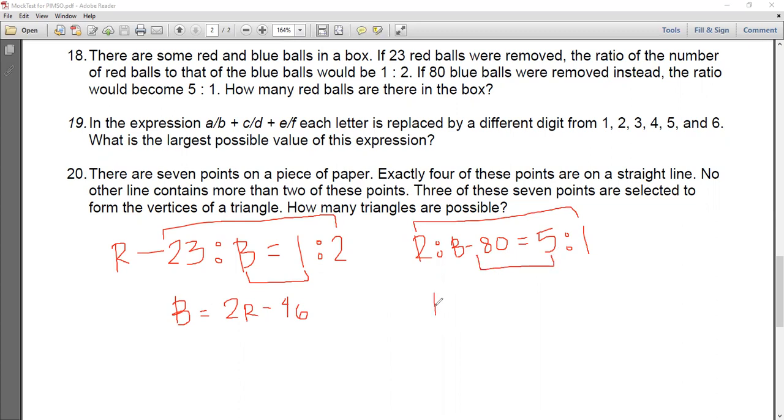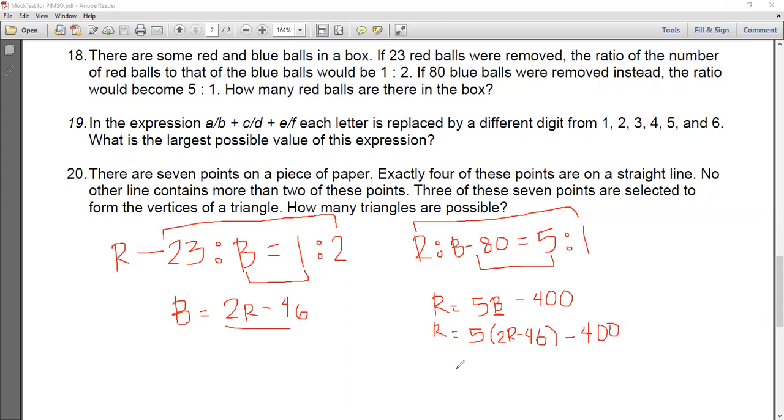In this case, R is equal to 5b minus 400. So we are only after the value of R, so we substitute b by this one. So R is equal now to 5 times b, which is 2R minus 46, minus 400.